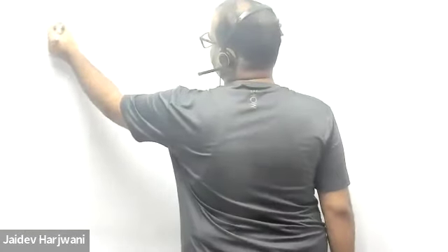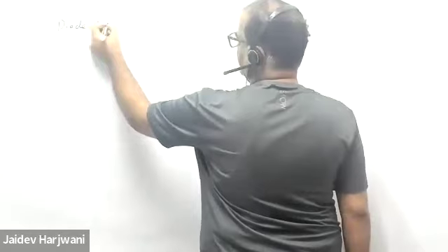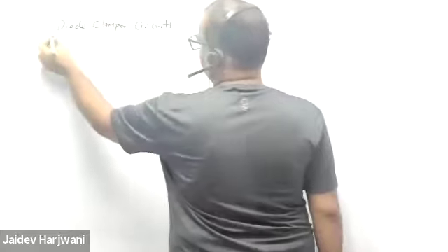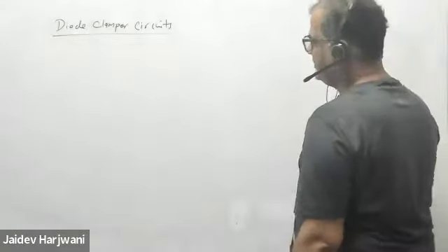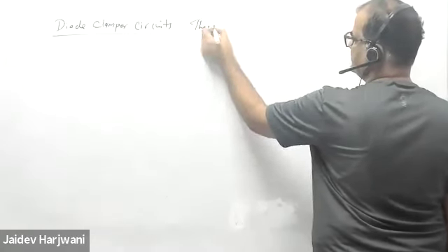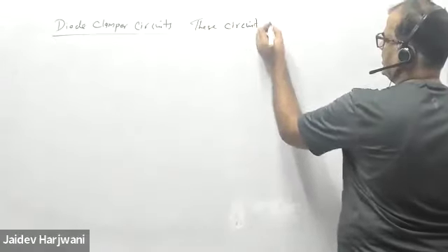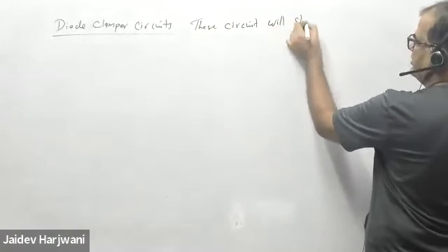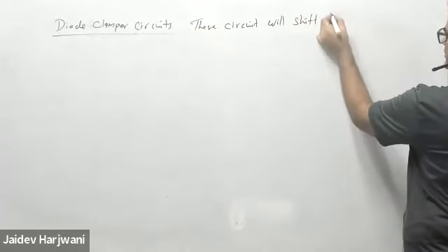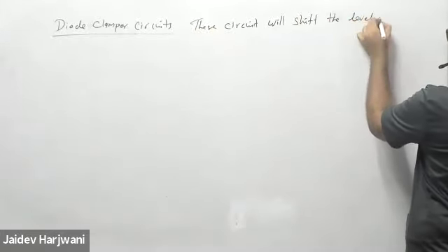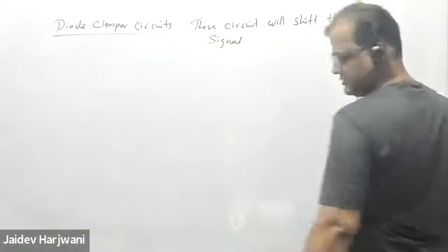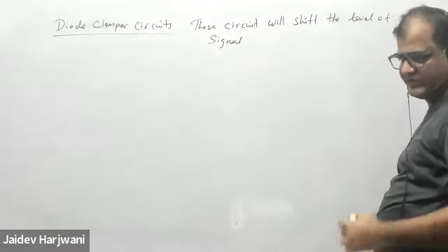So if you do diode clamper circuits, diode clamper circuit means this circuit will shift the level of the signal. This circuit will shift the level.